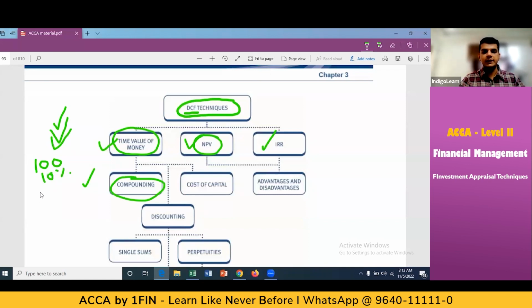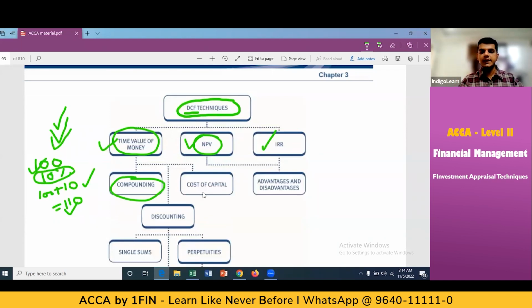So after 1 year, it will become 100 plus 10, total 110. Next year, 10% return: you will not get it on 100, but you will get it on 110. That is the compounding impact. It means you will be earning interest on interest, or interest on the return that you've earned over the period of a year.